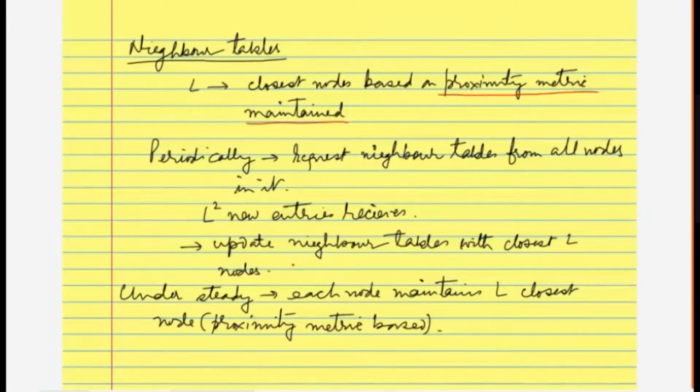Ultimately, I should converge to a situation where all nodes in my neighbor table are in my close proximity. So under steady state, each node will maintain the L closest nodes. Normally this can be a separate function which can be plugged into the peer-to-peer libraries or middleware which you are using, and then the proximity can be used for more efficient routing.